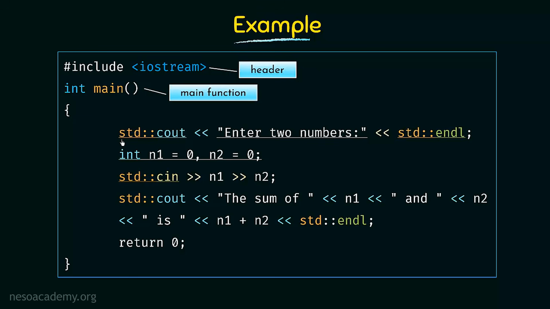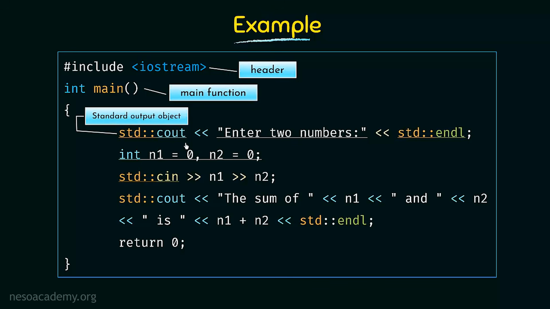So let's see. Here we have std::cout. What is this? This is the standard output object. We already studied that cout is the standard output object. Now why am I writing std::cout? std is the standard library. As we already said in the beginning of this lecture, C++ does not define any statements for doing input or output, but it includes an extensive library, that is the standard library.